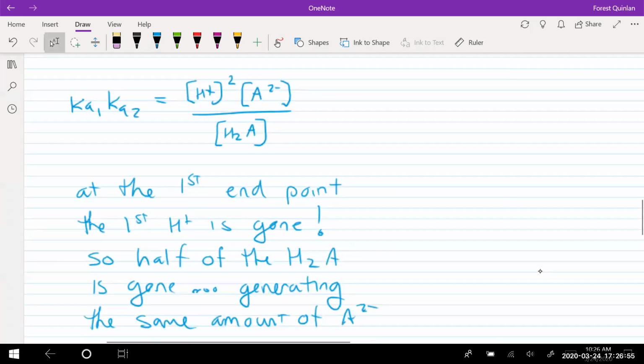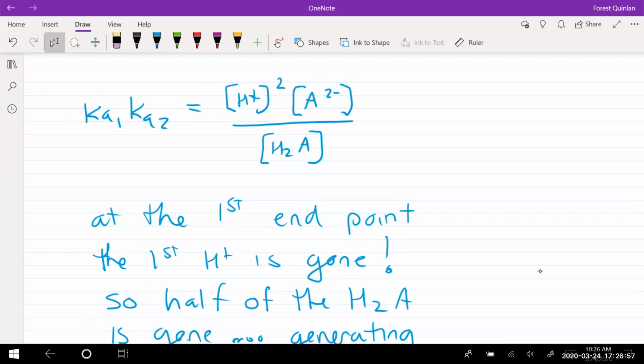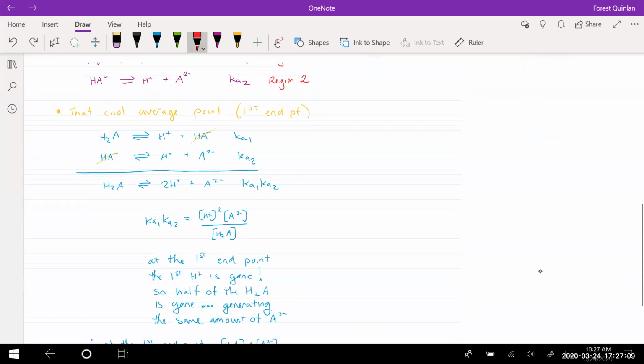What does that do to this equation then? These guys would cancel out, right? So let me redo that down below so we can see it.